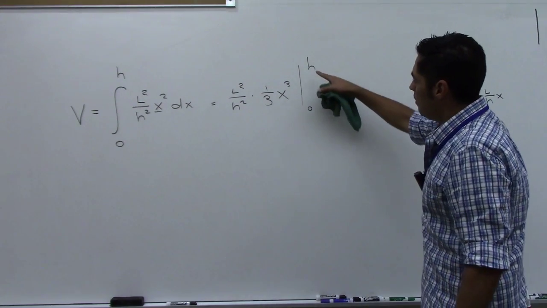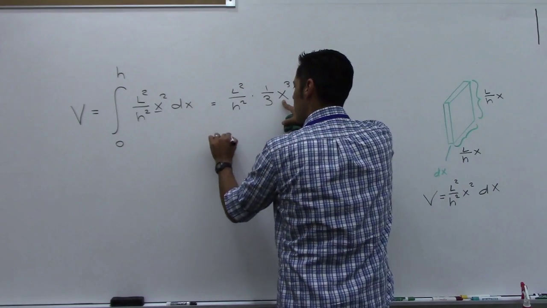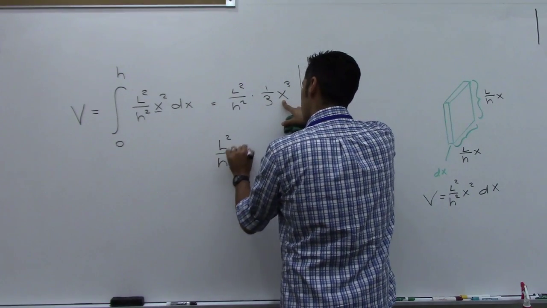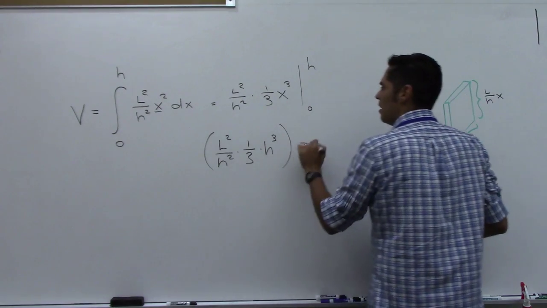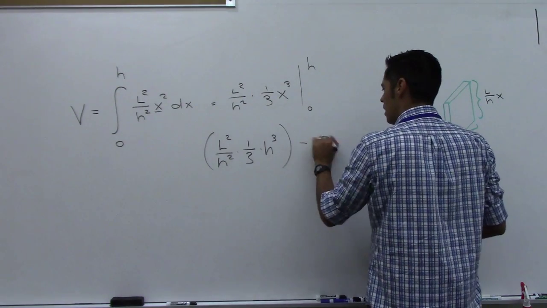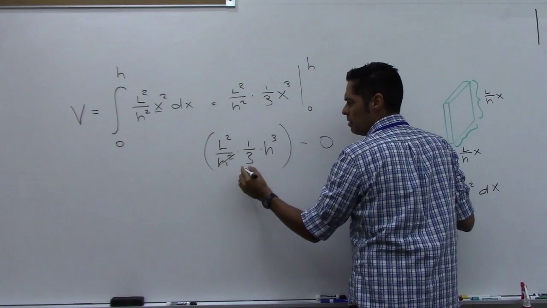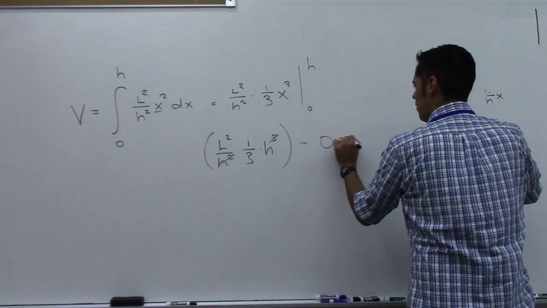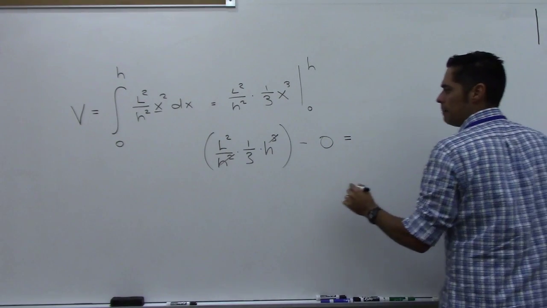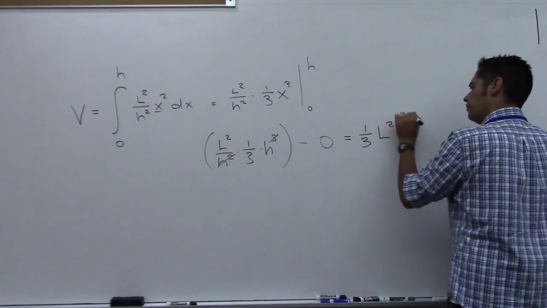Now I replace my x with h, so I get L squared over h squared times 1/3 times h cubed, minus, now plug in 0, everything goes away, you get 0. And then we clean this up. I can cancel out 2 factors of h, that makes that just an h, and that gives me my final result, which would be 1/3 L squared h.